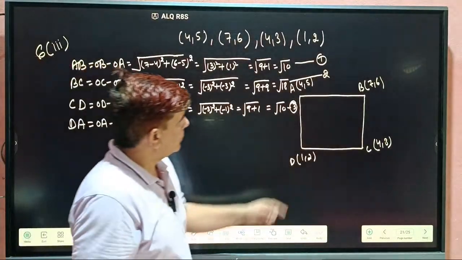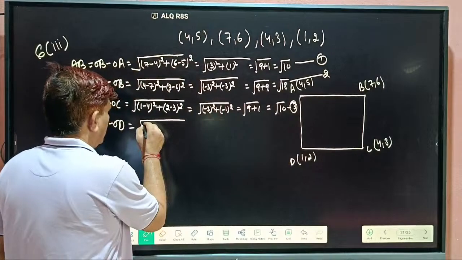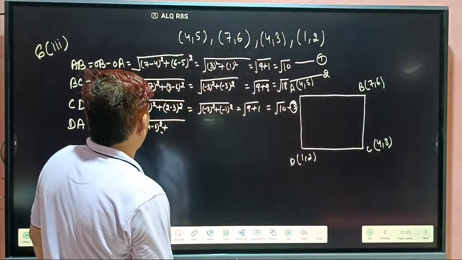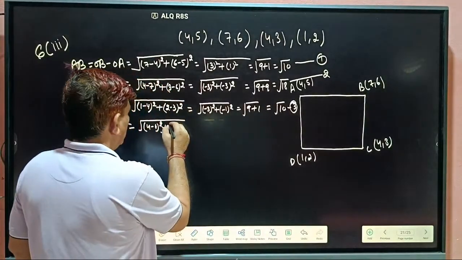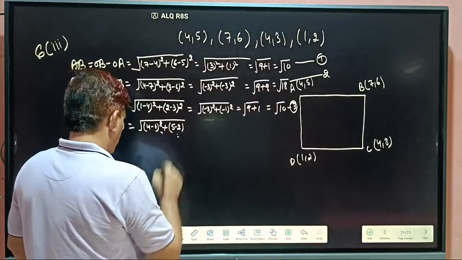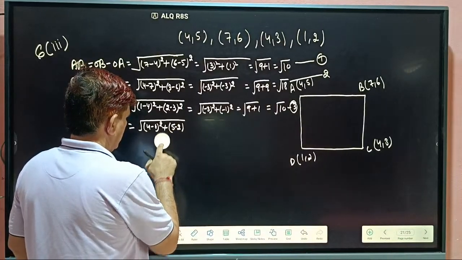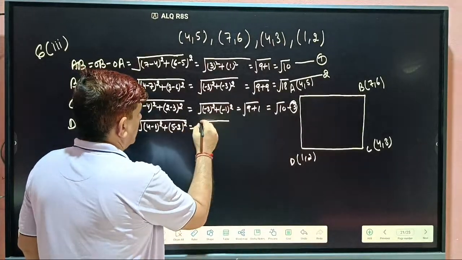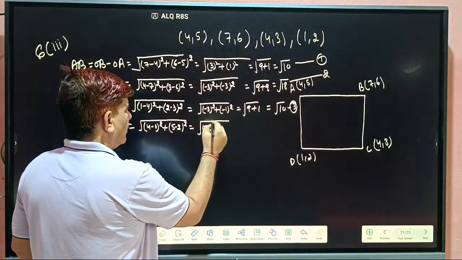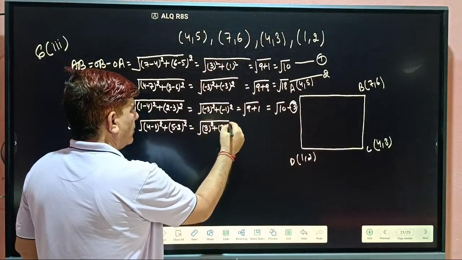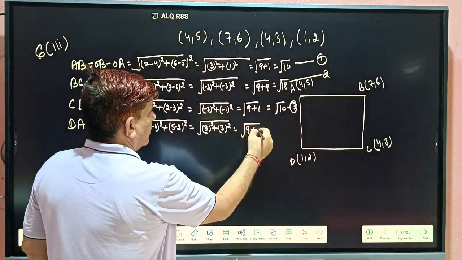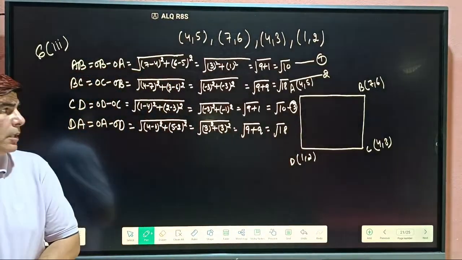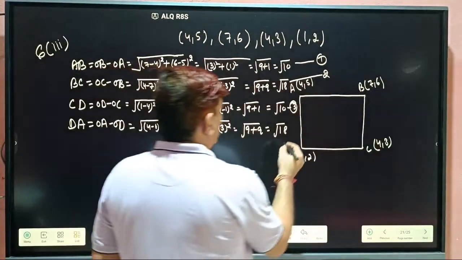OA, A point is this: 4 minus 1 whole square plus 5 minus 2 whole square, is equal to 4 minus 1, 3 square plus 3 square, root 9 plus 9, and root 18.